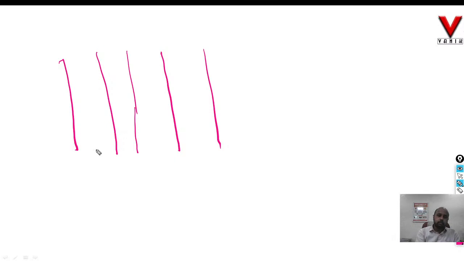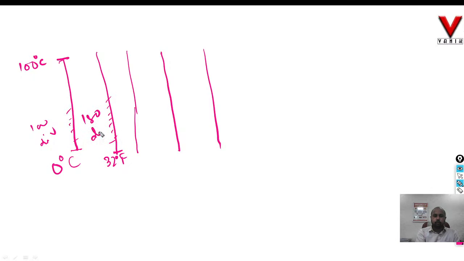If I start with degree Celsius, then the starting point is 0 degree Celsius. In between you have 100 divisions. Finally you have 100 degree Celsius. In the second you have 32 degree Fahrenheit. In between there are 180 divisions, and it is 212 degree Fahrenheit.